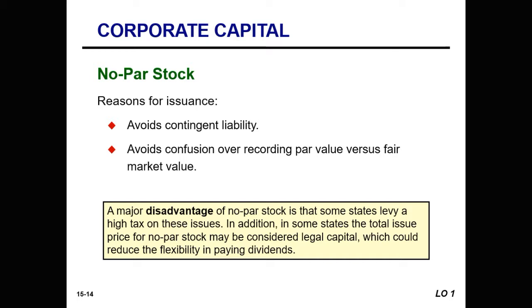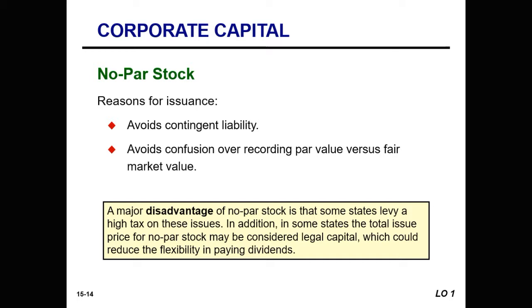It can avoid a contingent liability depending upon the state related to legal capital. It can also avoid contingent liabilities if for some reason the corporation issues the stock at what would have been a discount from par value.